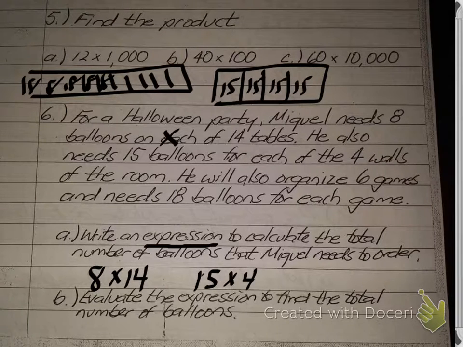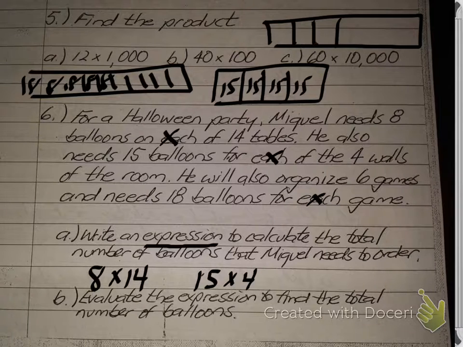Then he's going to have games, and he's going to have 6 games with 18 balloons, and once again we have each in each of these, so 6 different games, and for those 6 games each one's going to have 18 balloons. So we'd have 18 times 6, so 6 times 18.